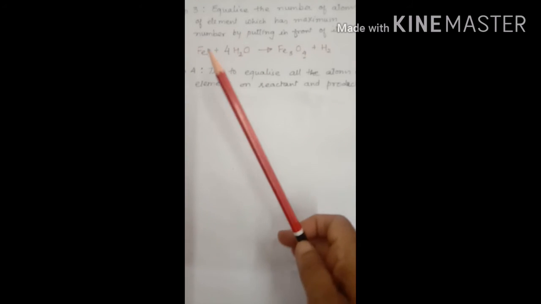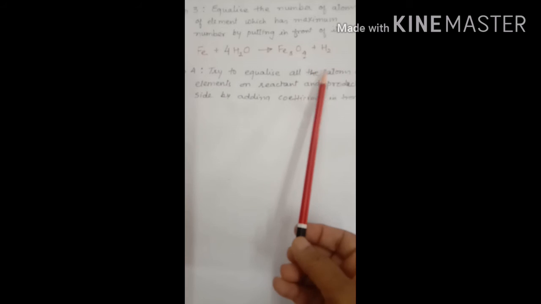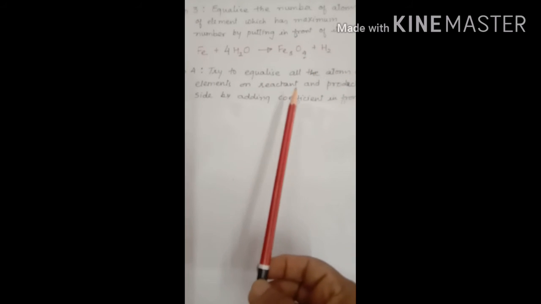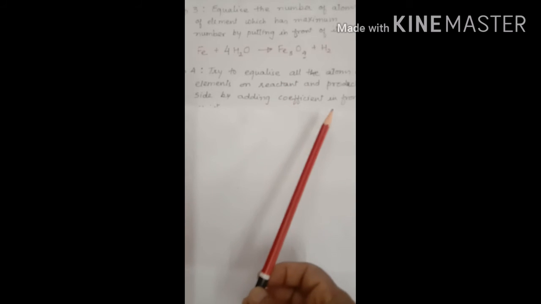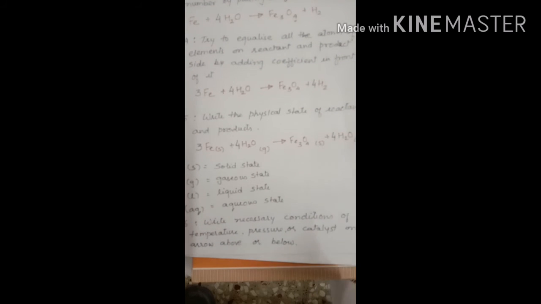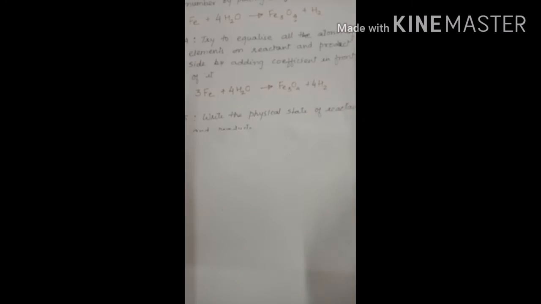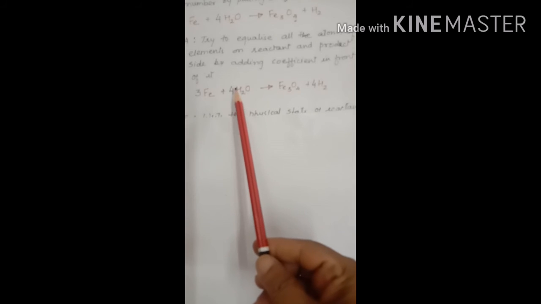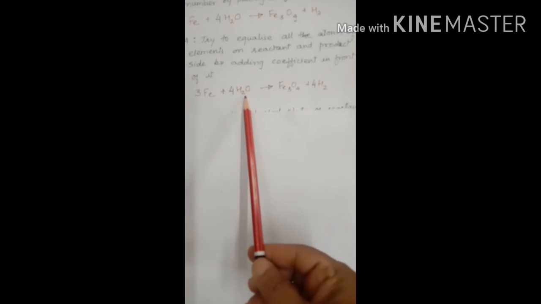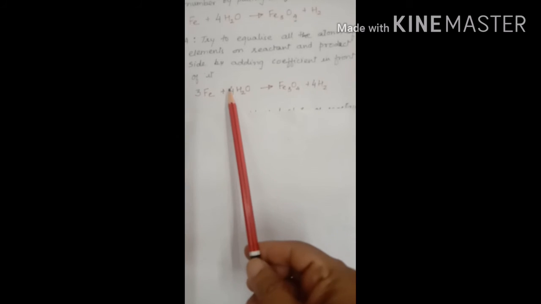The fourth step: try to equalize all the atoms of elements on the reactant and product side by adding coefficients in front of them. When we write 4 over here, it affects hydrogen, because 4 times 2 is 8. Hydrogen becomes 8. No doubt we have balanced oxygen, but hydrogen is getting imbalanced.